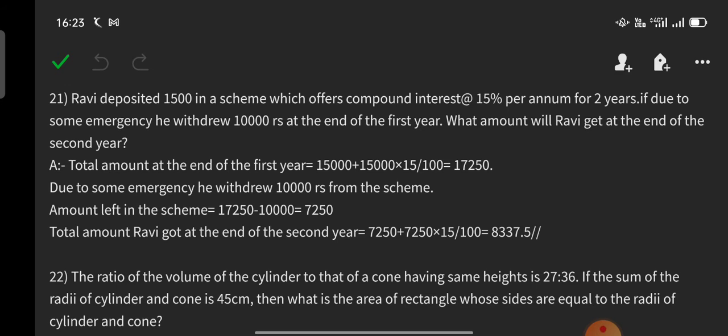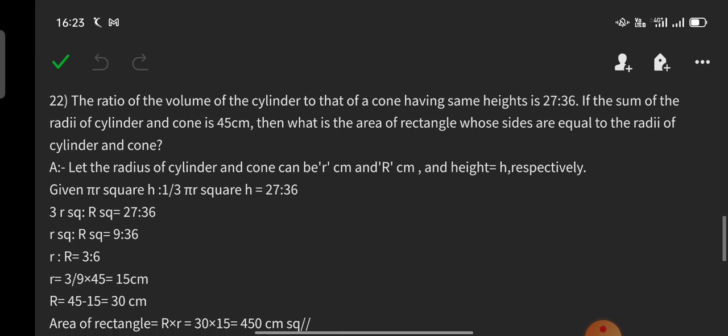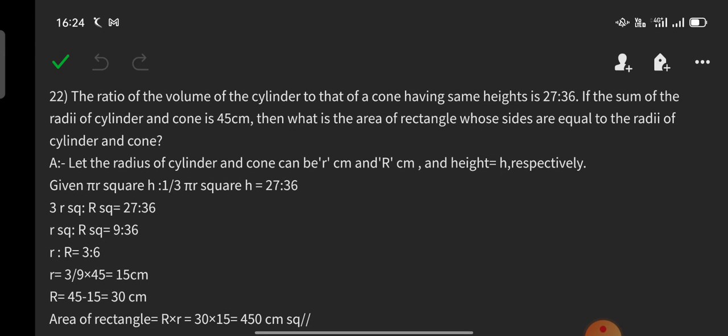So the amount left in the scheme is 17,250 minus 10,000 equals 7,250, and the total amount Ravi got at the end of the second year is 7250 plus 7250 into 15 by 100 equals 8337.5.